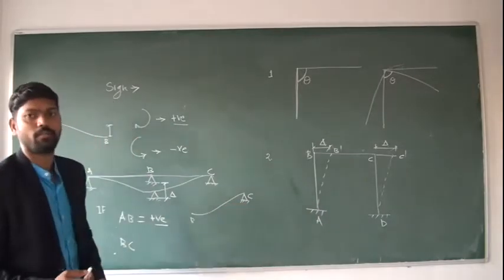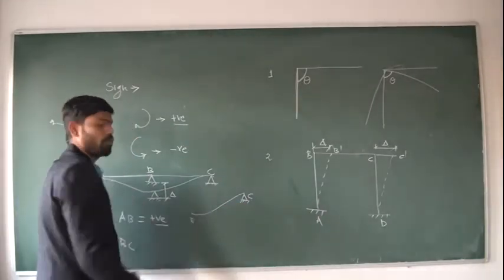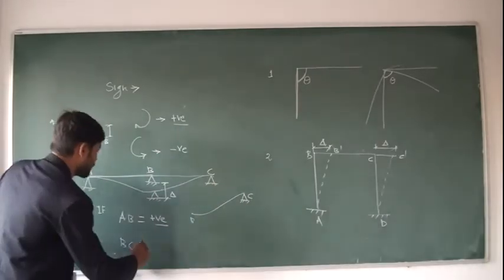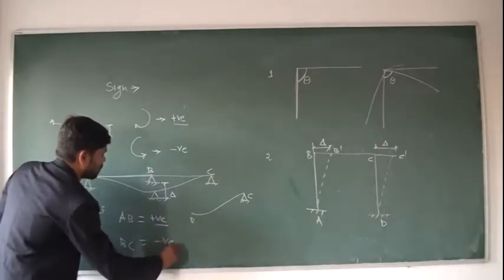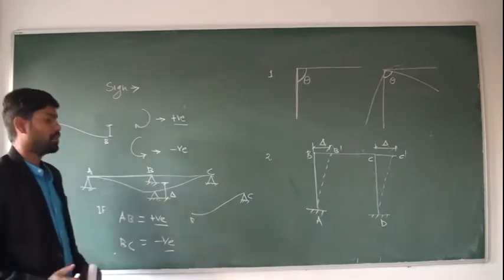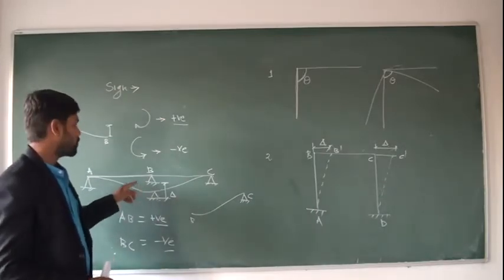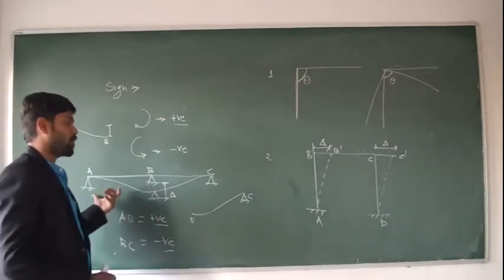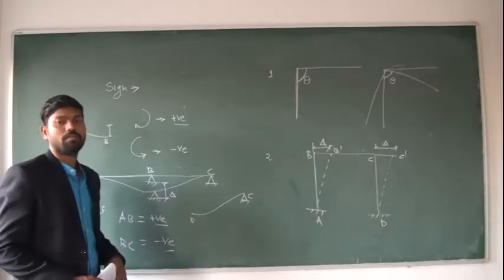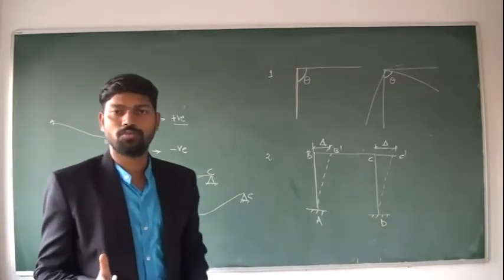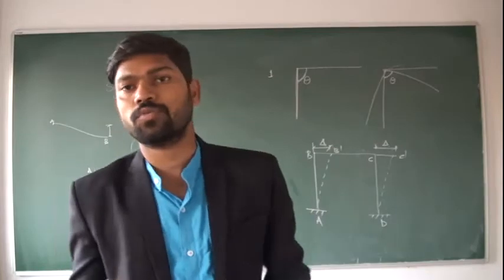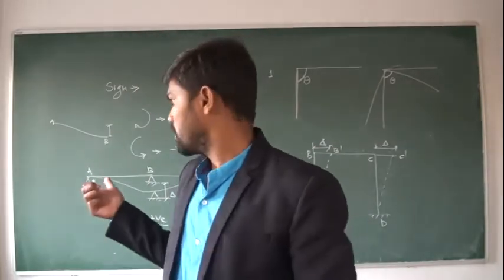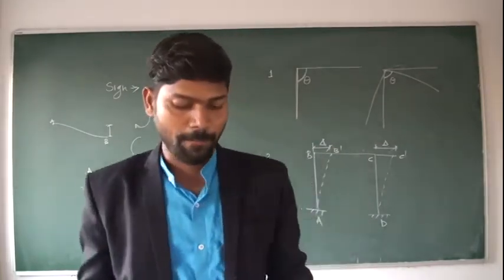The right side support is above the left side support, which means the settlement is negative. The same settlement is considered positive for the AB span and negative for the BC span. This is how you take the sign conventions when there is settlement.